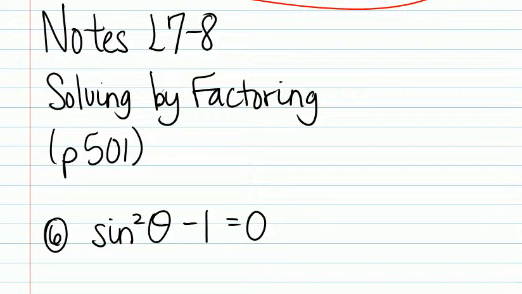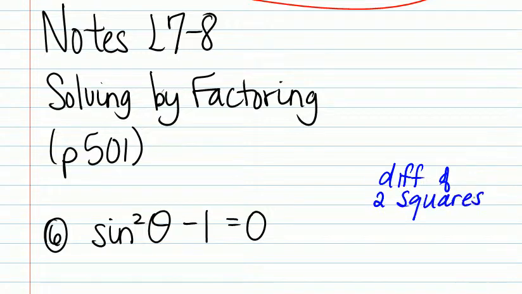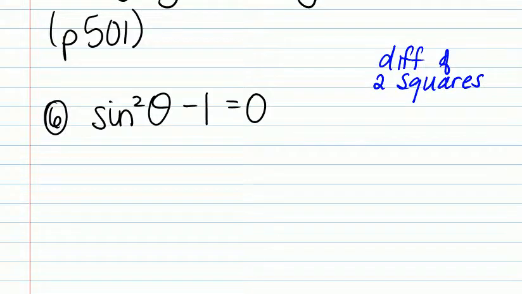I want to solve this by recognizing that sine squared minus 1 is a difference of two squares. If you would rather, you can just add the 1, take the square root. Remember that there's a plus and a minus sign when you square root.